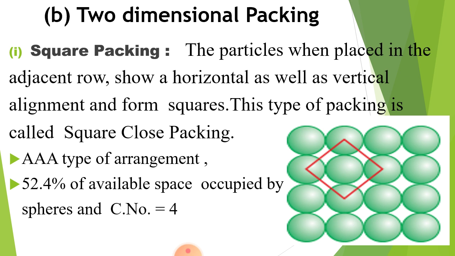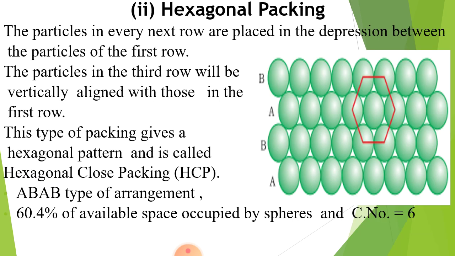The coordination number in this type of packing is 4. Now the second condition in two-dimensional close packing is known as hexagonal close packing.